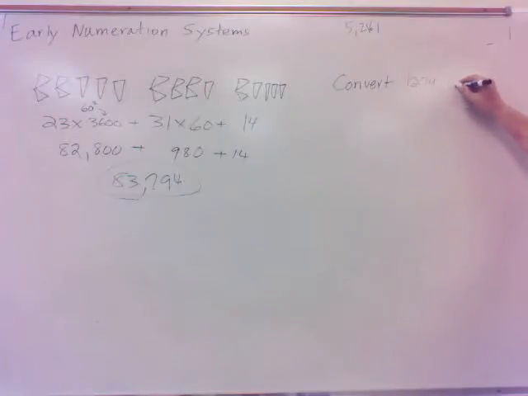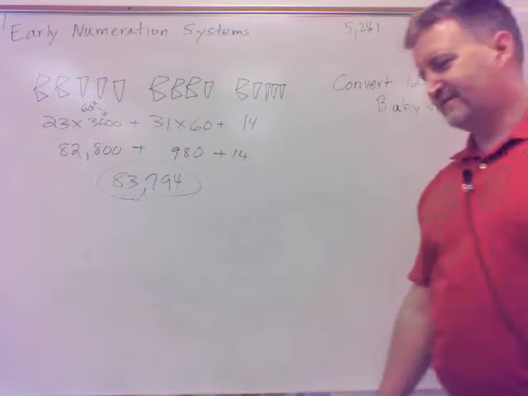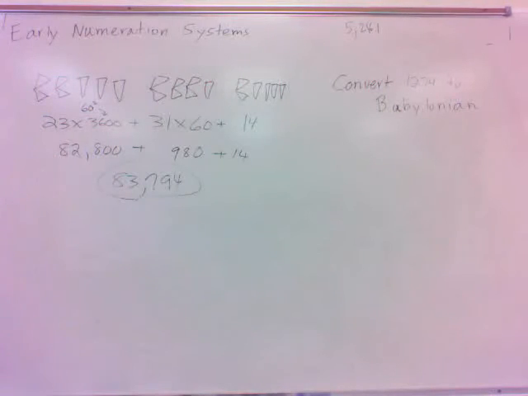So let's convert our number to Babylonian. All right, well, that's a little different story, isn't it? We don't have the symbols there to just convert over. We have to think about it a little bit.